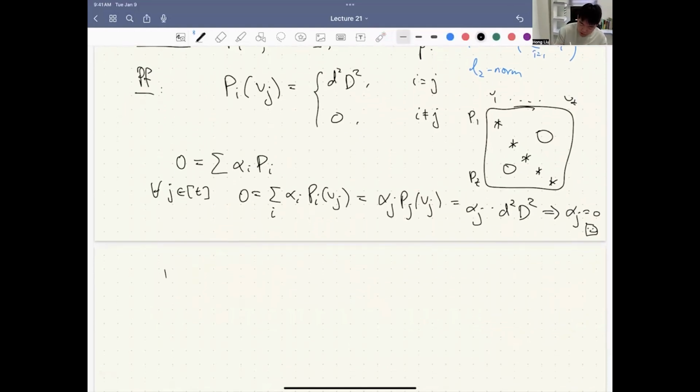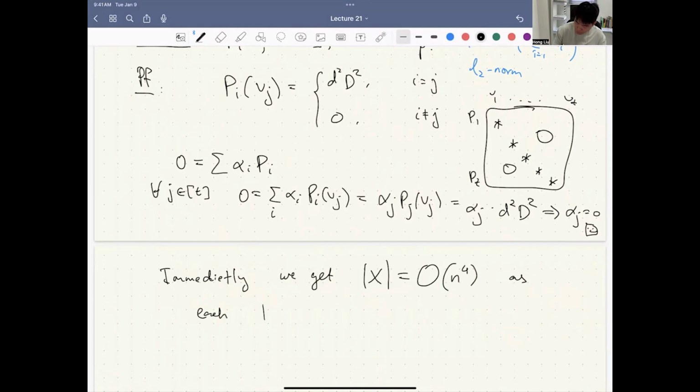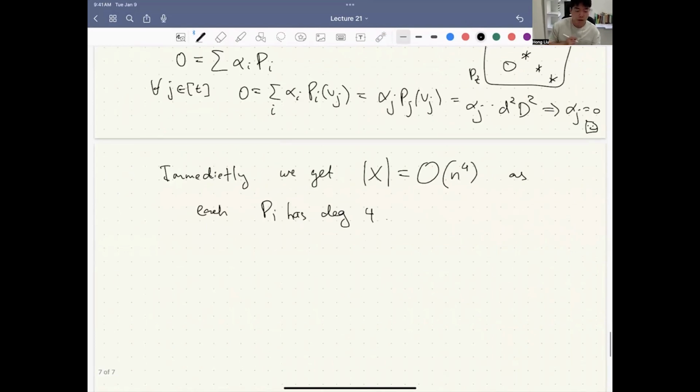So immediately we get S degree 4. We can do much better.